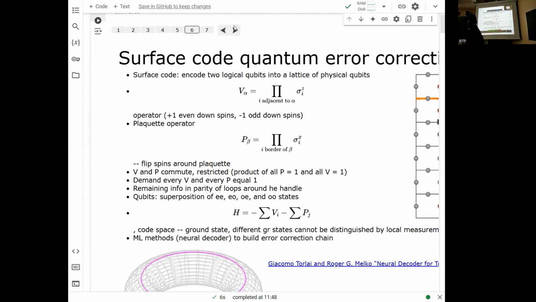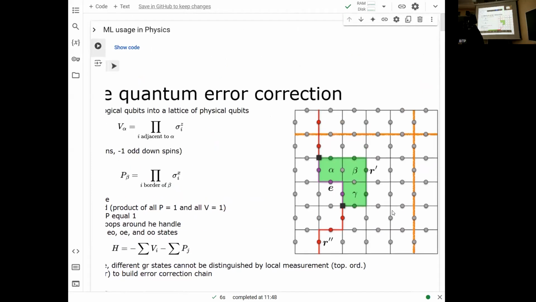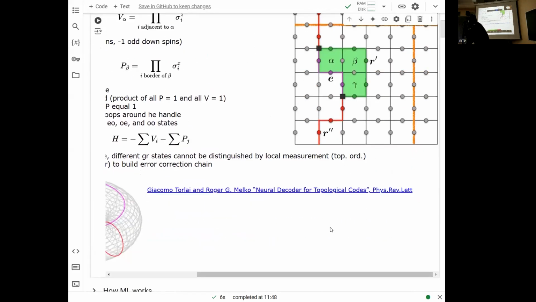Quite an interesting idea by Kitaev, and it seems that neural networks can be used for error correction in these toric codes. This is quite an interesting topic that involves topology and condensed matter.